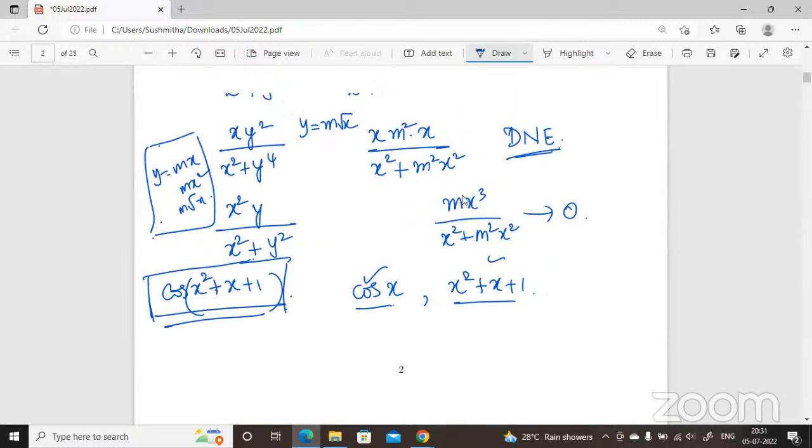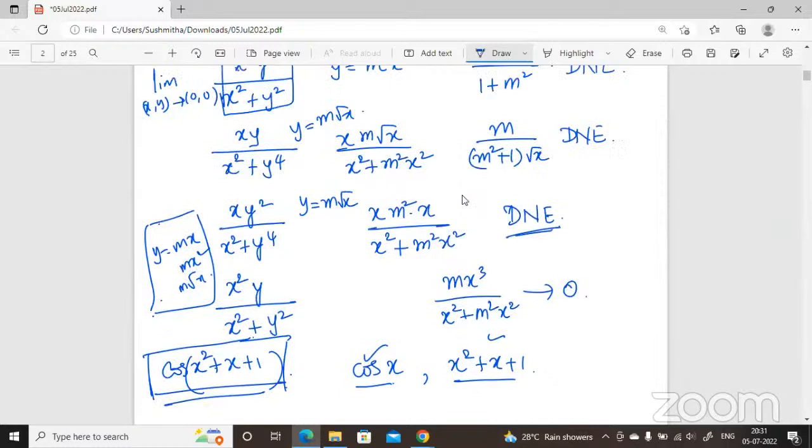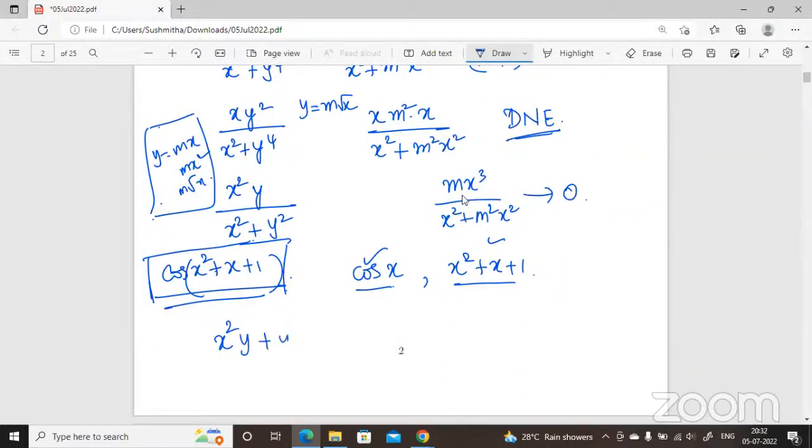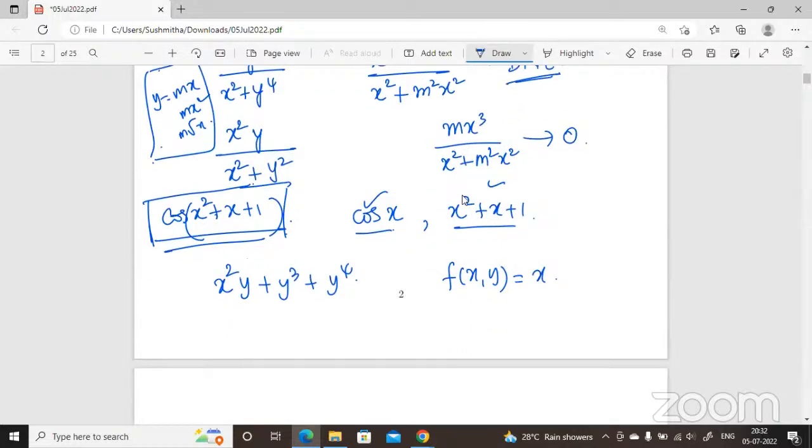Yeah. Madam, sure. In the meantime, I have a couple of questions. If a polynomial is a regular polynomial, that is, no denominators, can we actually say it is continuous without even checking everything? Yeah. So if I have x squared y plus y cube plus y power 4 or something like this, f of x comma y is equal to x is a continuous function, right? Correct. So the composite is going to be x squared, right? Right. So composition of continuous functions is continuous.